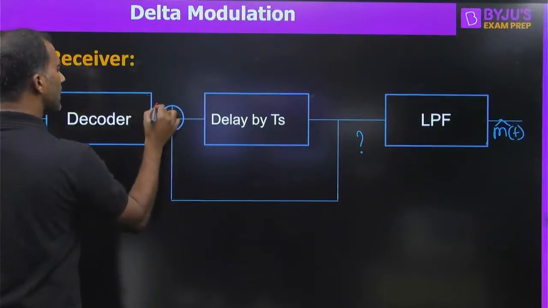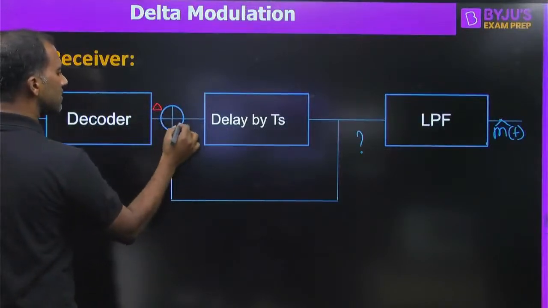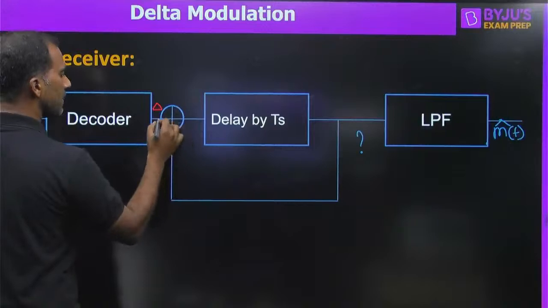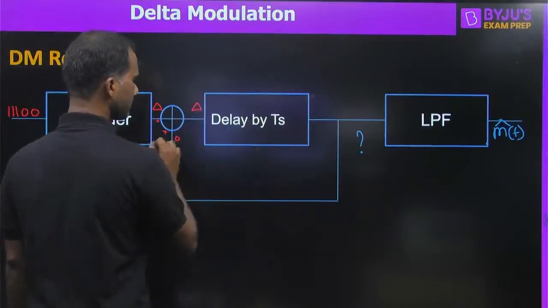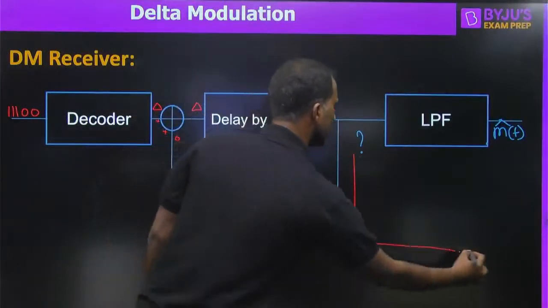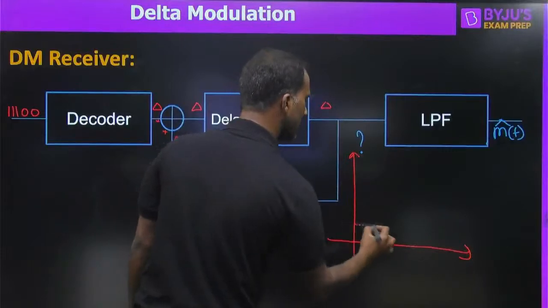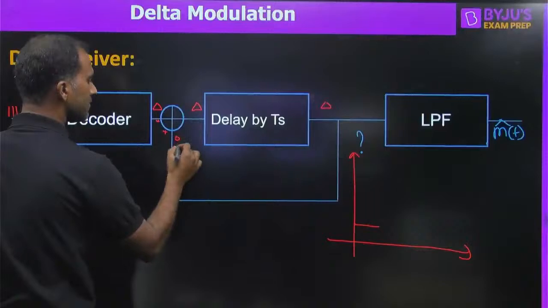The first one is converted into delta. In the feedback we are having 0 initially. 0 plus delta is delta. After delaying, we'll get delta only here. So the signal here, let us plot it. It's delta. And after that, this delta comes here and the feedback.